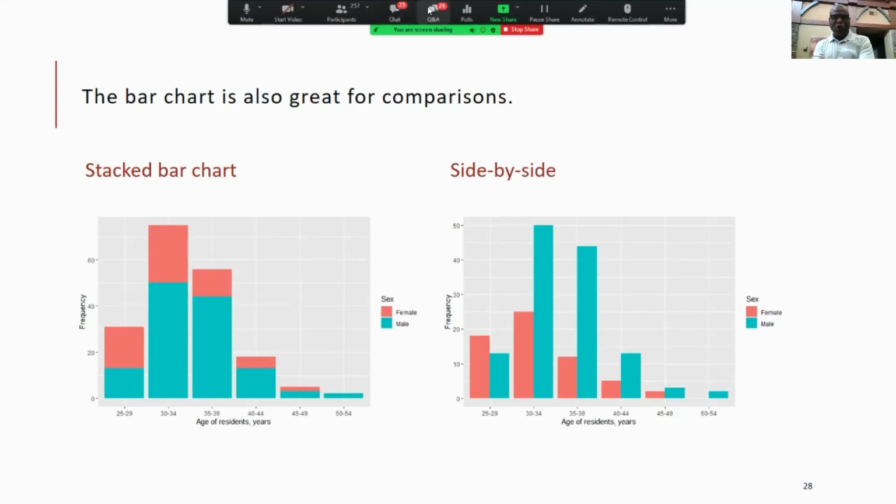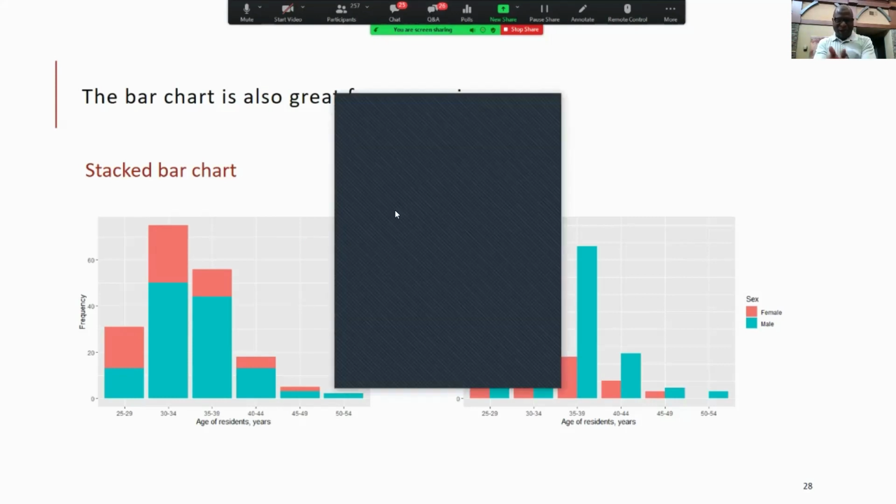For each of the figures, you have bars for each of the 2 categories, and those are color-coded. Both are valid ways of presenting this data, and they can be very informative. Whatever you feel comfortable with is what you can choose. Both are very valid ways of presenting discrete data. Next slide.